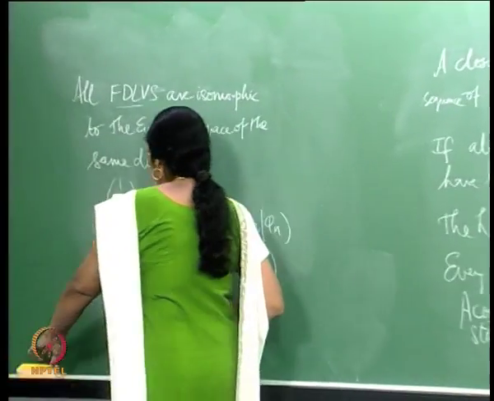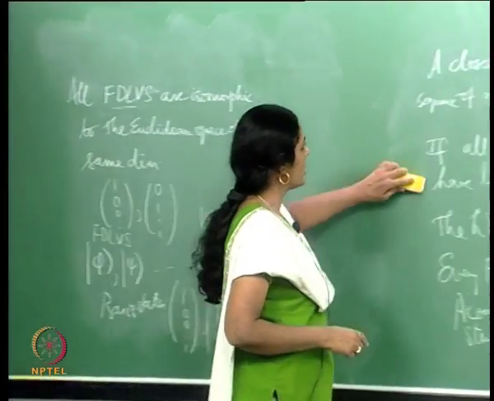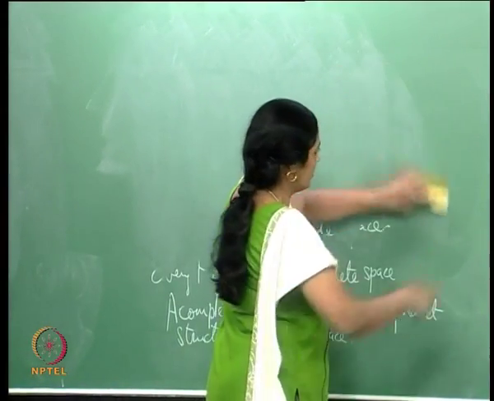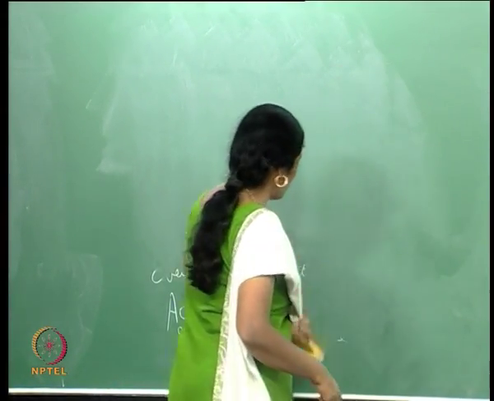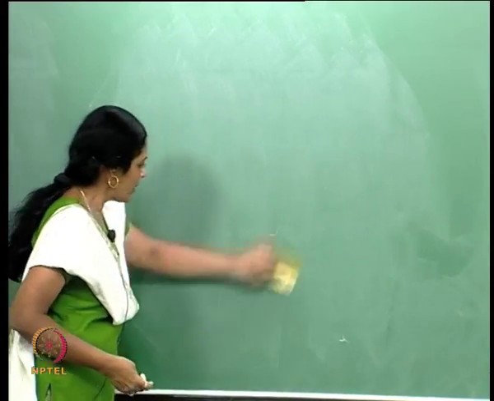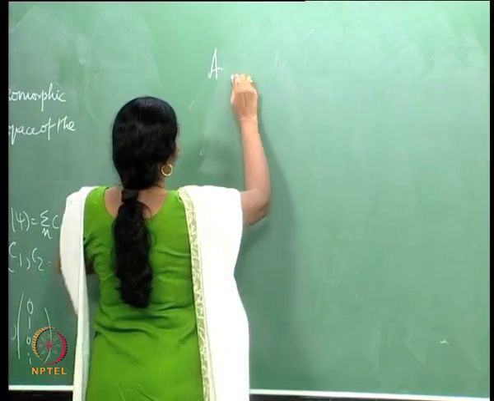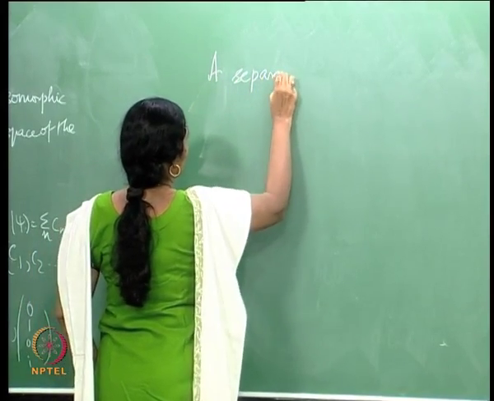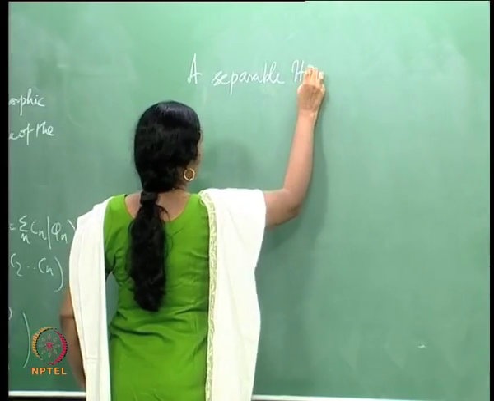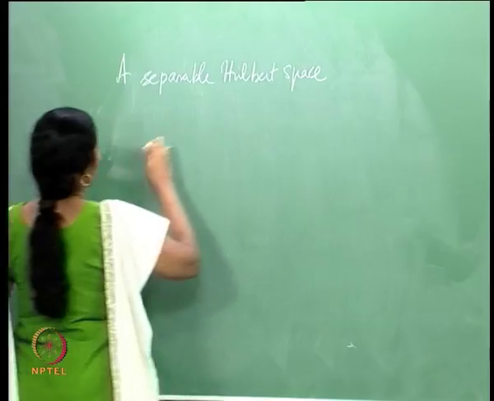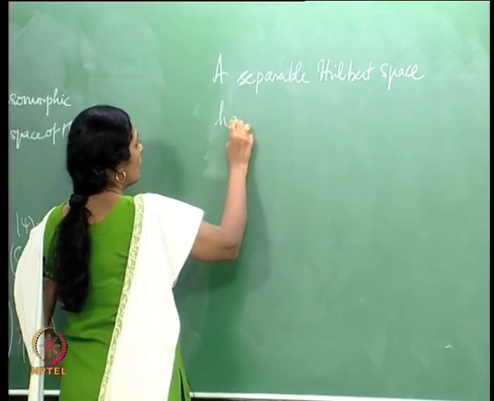Now, an infinite dimensional linear vector space, which is a separable space, that means that there is a denumerable infinity of basis states, or a Hilbert space, a separable Hilbert space, has an orthonormal basis.